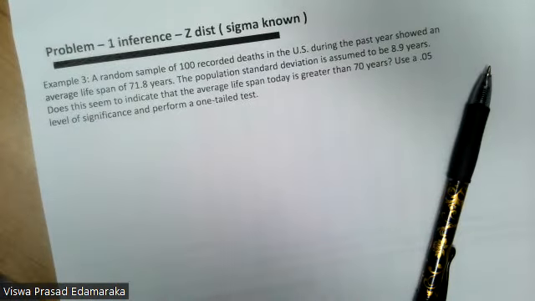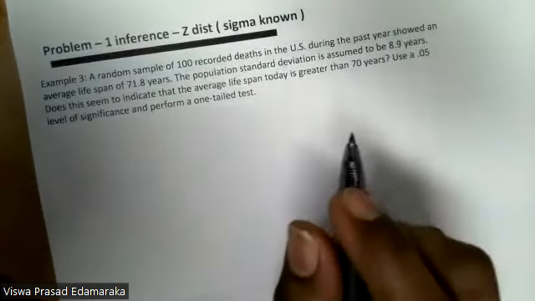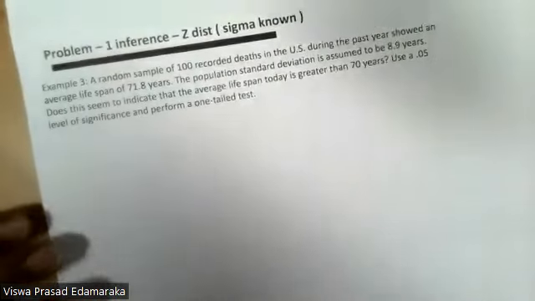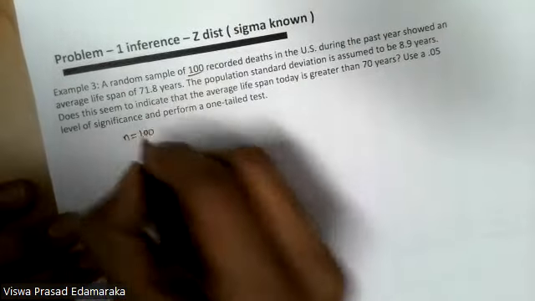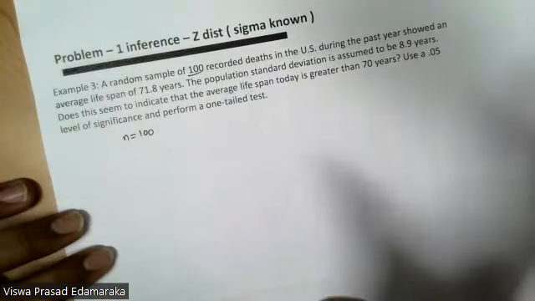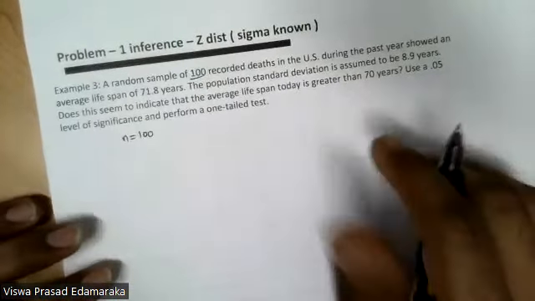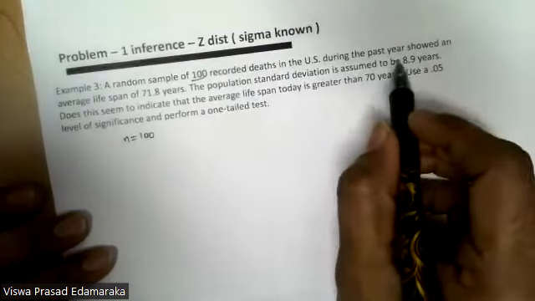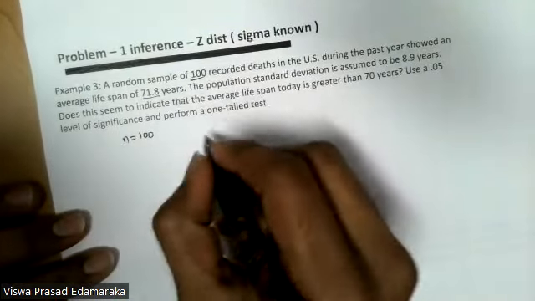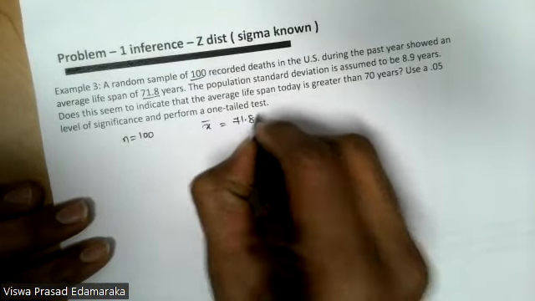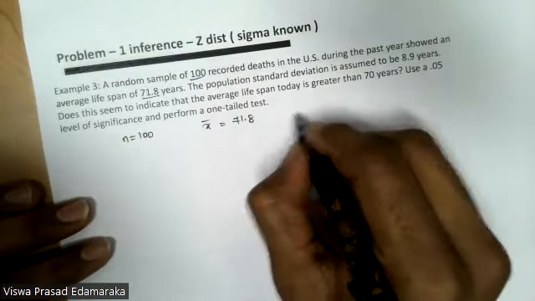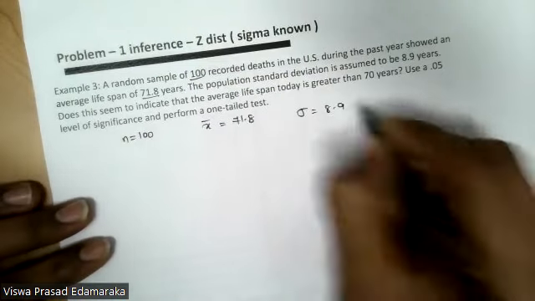A random sample of size n equals 100. We have only 10 minutes, so I'm speeding up the problems. It showed an average lifespan of 71.8, that is the sample mean as given, whereas the standard deviation sigma is 8.9.